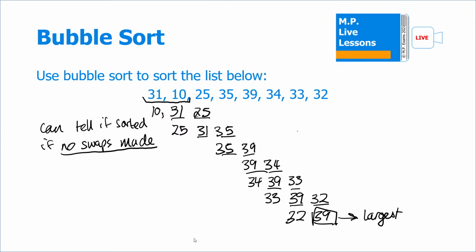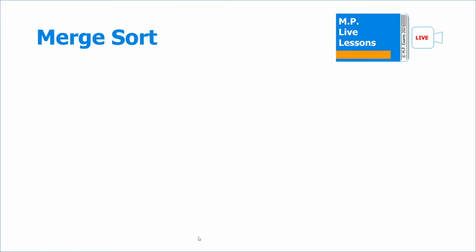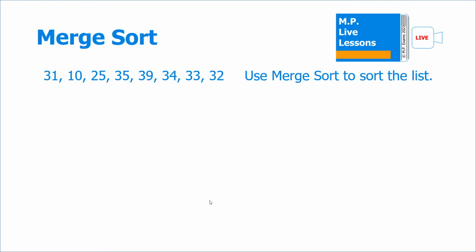The other algorithm you need to know about is merge sort. Now we've got the same list again, and we'll use merge sort to sort the list. So merge sort uses something called a divide and conquer strategy. So first we divide the array or list. So we keep dividing it in half and half again, and then half again of each.